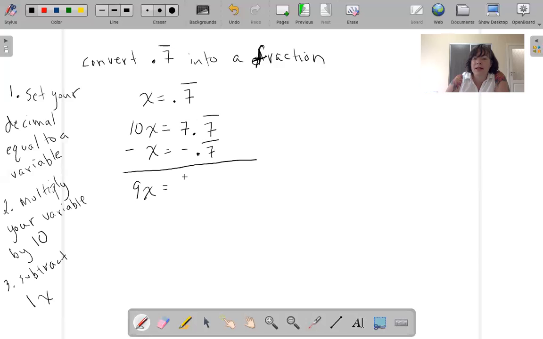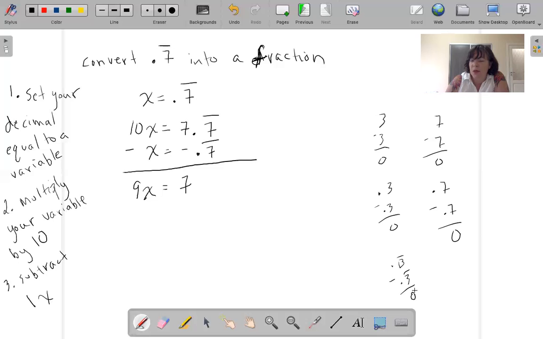Well, 7 minus 0 is 7, but 7 repeating minus 7 repeating is 0, right? Like 3 minus 3 is 0, 7 minus 7 is 0, 0.3 minus 0.3 is 0, 0.7 minus 0.7 is 0. 0.3 repeating minus 0.3 repeating is 0.